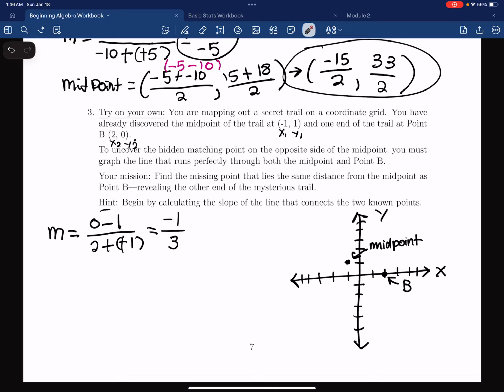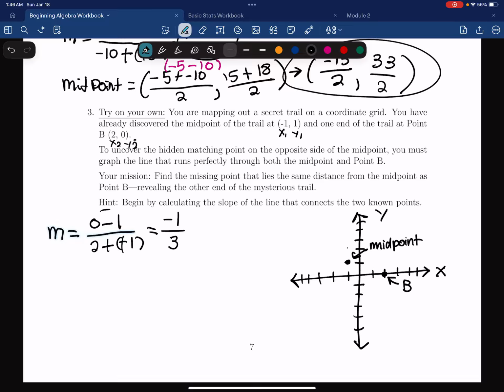And we can find this other end by using the slope that we found. So let's do that. So because we have a negative slope, we're going to go up 1, positive, up in the positive y direction. But to make this a negative value, we have to go left 3, because a positive divided by a negative is a negative.